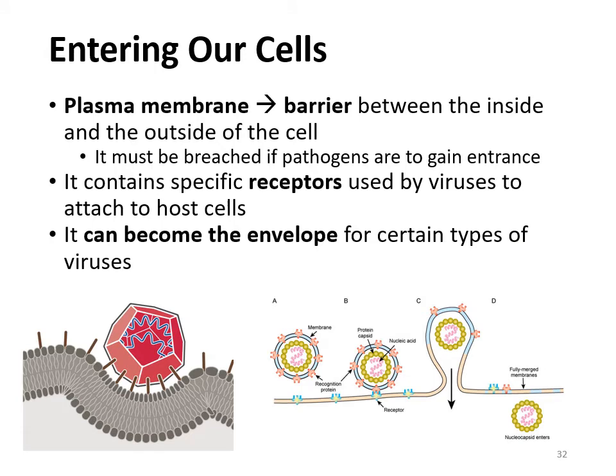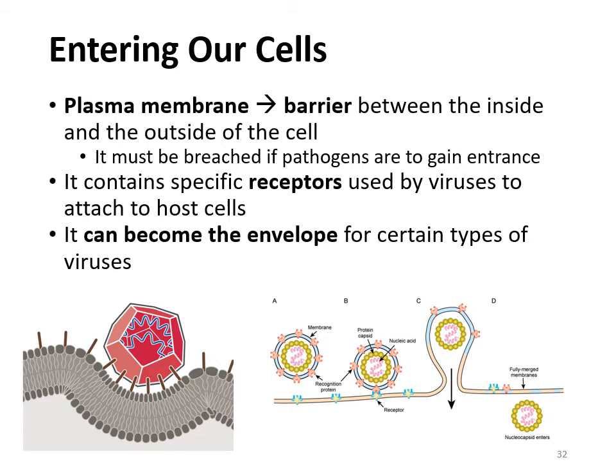So once a microbe has entered our body, a lot of them now want to try and enter our cells. But if you think about it, each of your cells has that plasma membrane, which is like a barrier, kind of helping to block the pathogen. But many of the pathogens have ways to then break through this barrier and make it in.